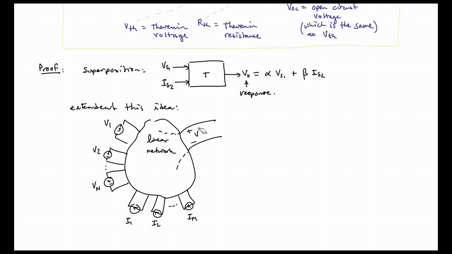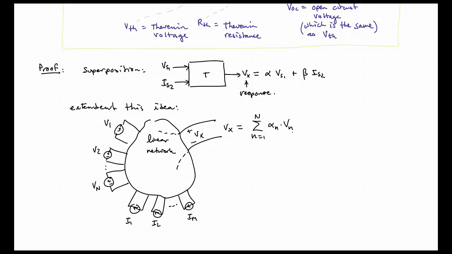In general, Vx is going to be a weighted sum of all of the voltage sources, which I've numbered V1 through capital N. So we'll say alpha sub little n times V little n.